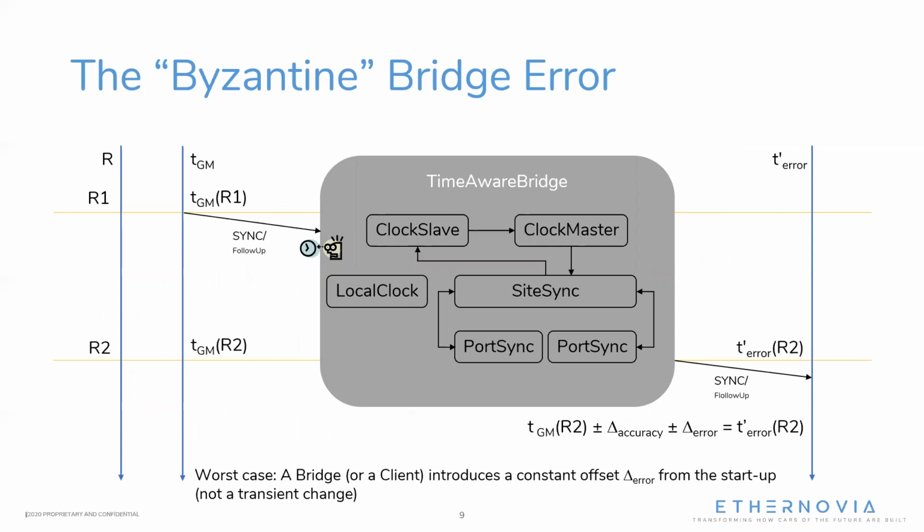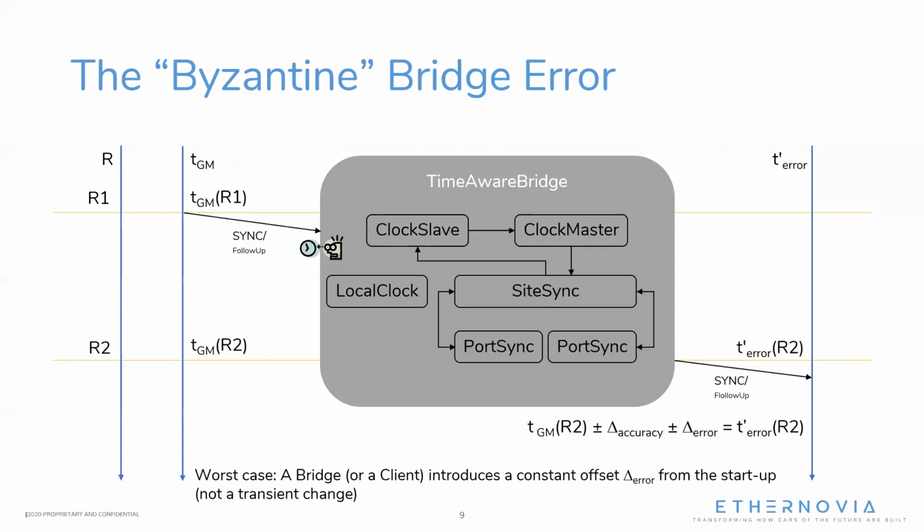What we have depicted here is a grandmaster sync follow-up message coming in from the left, and this time-aware bridge forwarding this time with a sync and follow-up message to the right at a later point R2 in time.